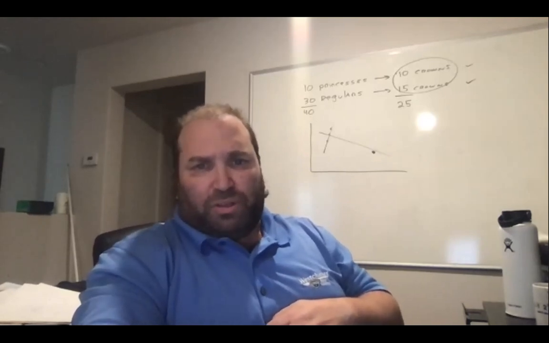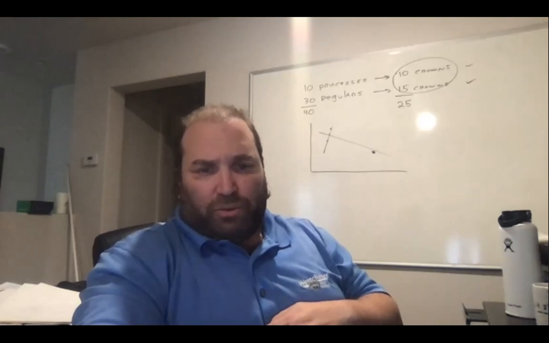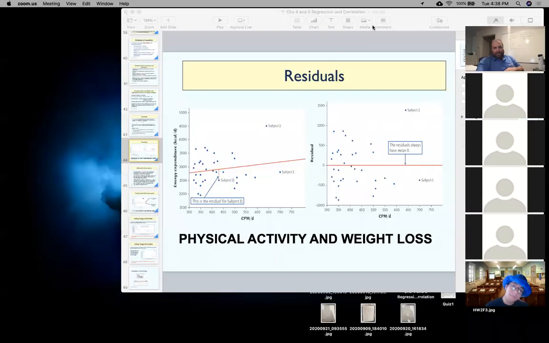So let's look, for example, let me share again so you can see what I'm doing. Let's look, for example, at this one right there, that data point. What is the residual for that data point? Well, it's the vertical difference between the data point itself and the predicted, which is the best fit line.